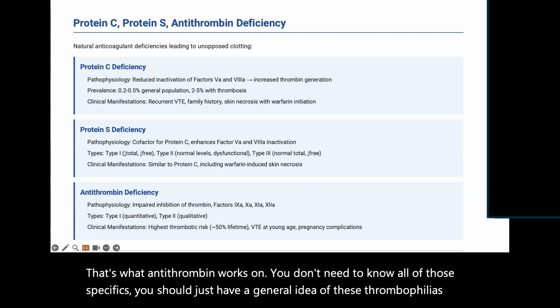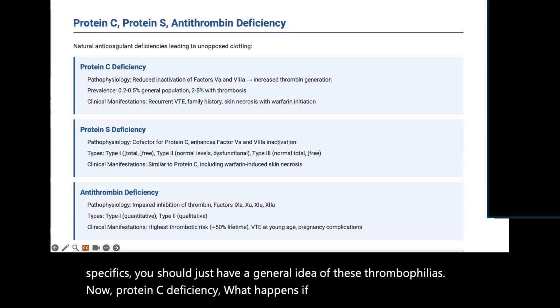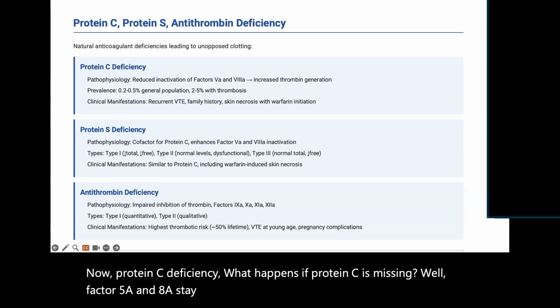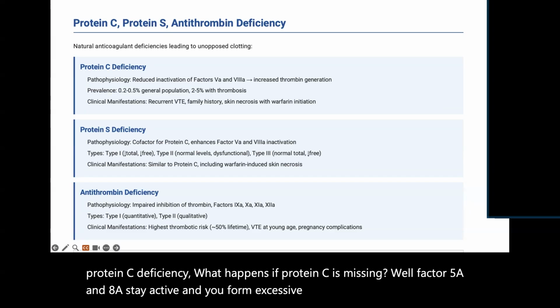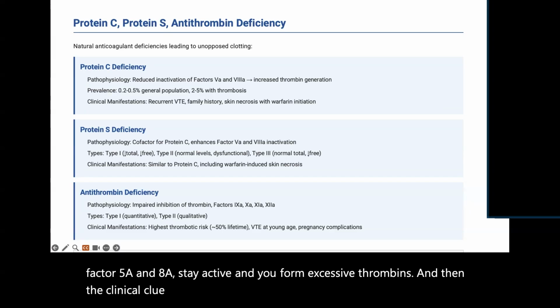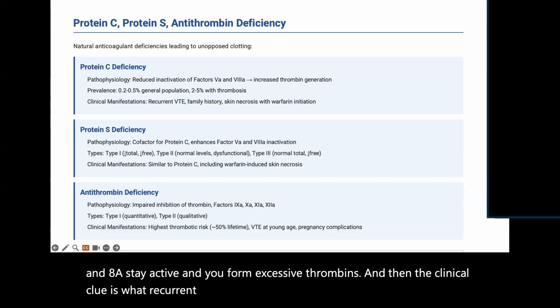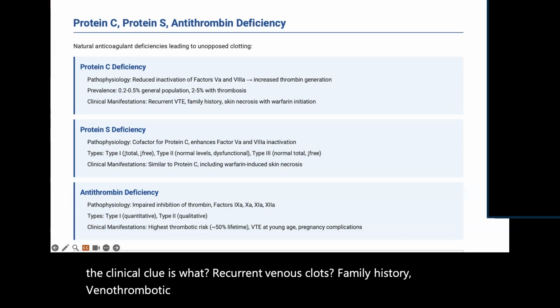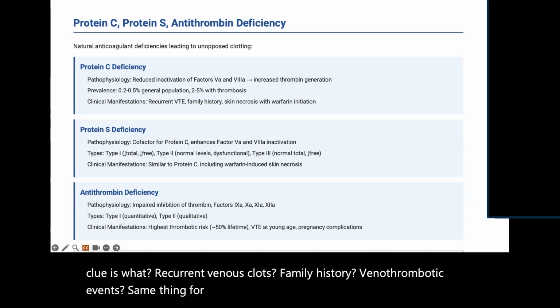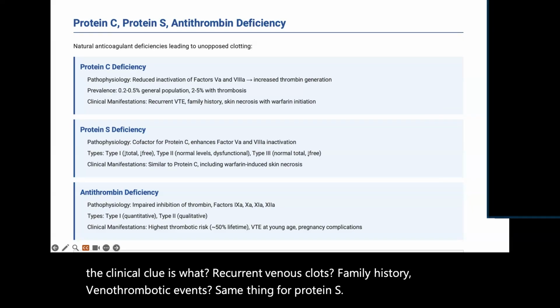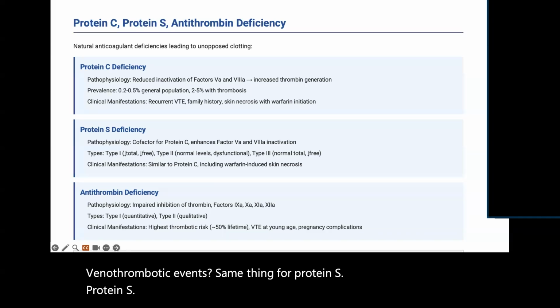Now, protein C deficiency. What happens if protein C is missing? Well, factor 5A and 8A stay active, and you form excessive thrombins. And then the clinical clue is what? Recurrent venous clots, family history, venothrombotic events. Same thing for protein S. Protein S prevents protein C from becoming fully activated.